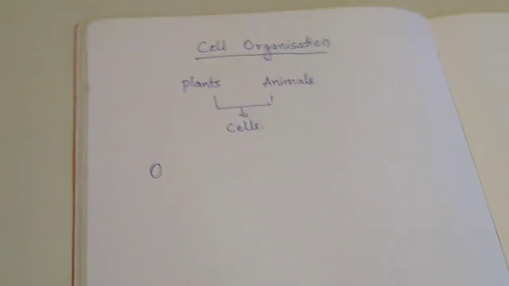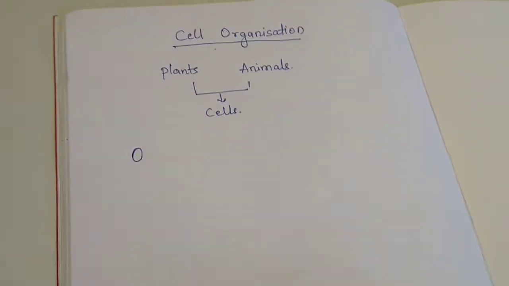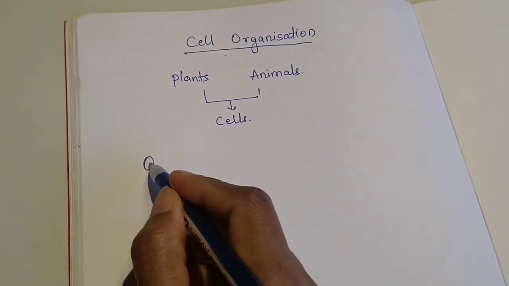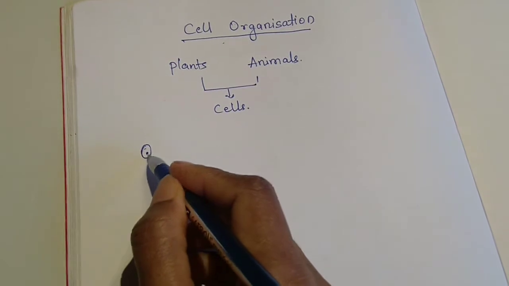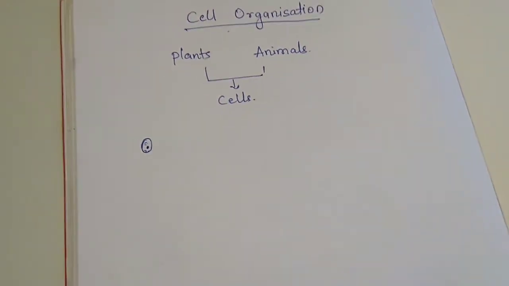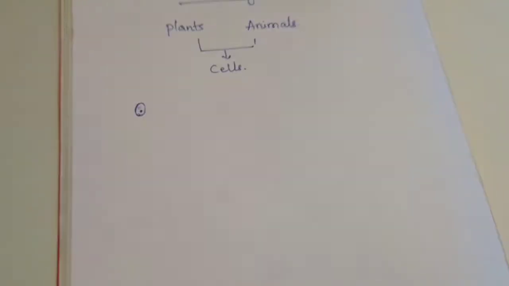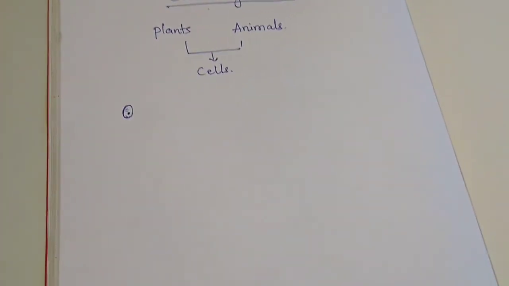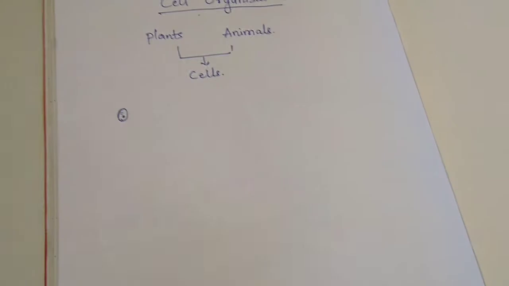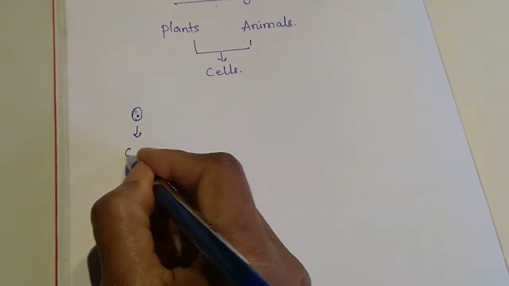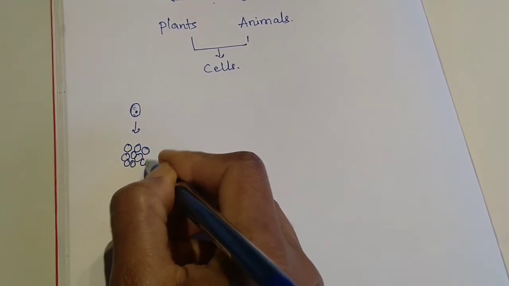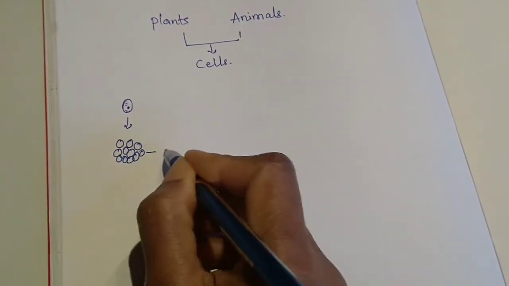Here we are looking through the cell organization. So the cell is a very small quantity. It has nucleus inside, cytoplasm and many cell organelles. How is it organized in the living organism? So these cells, which are the smallest part of all living organisms, are joined together to form a group of cells called tissues.